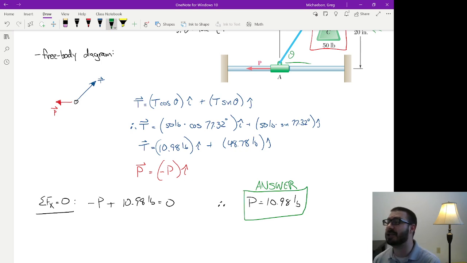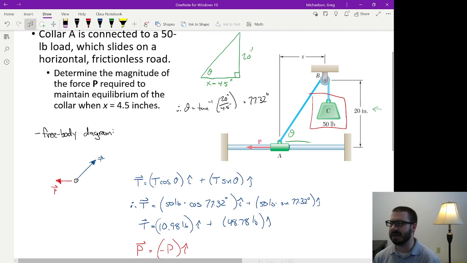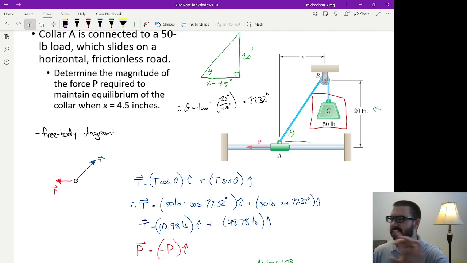What I propose is that if you go back to the initial problem description, this collar is sliding along this frictionless rod. And look at what's happening. The weight is going like this.